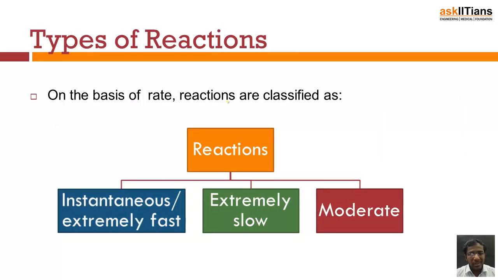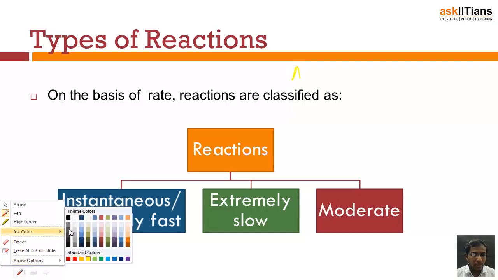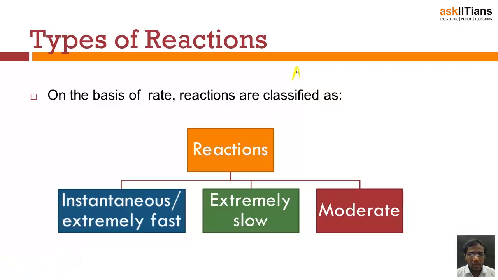Since different reactions are occurring at different rates, if I take a particular reaction, say an A2 molecule is reacting with B2 and it is giving 2AB. Okay, so this is a chemical reaction.